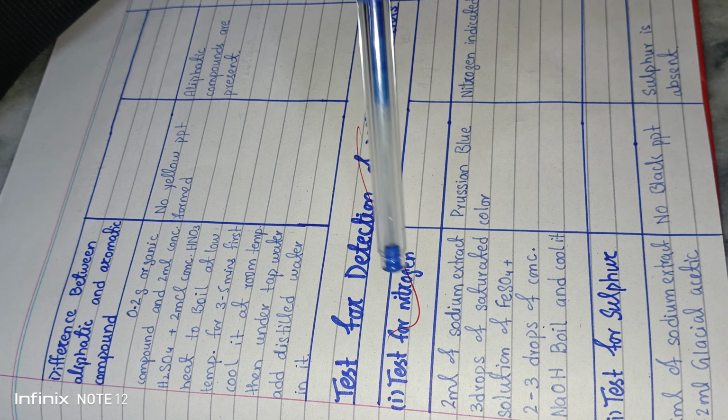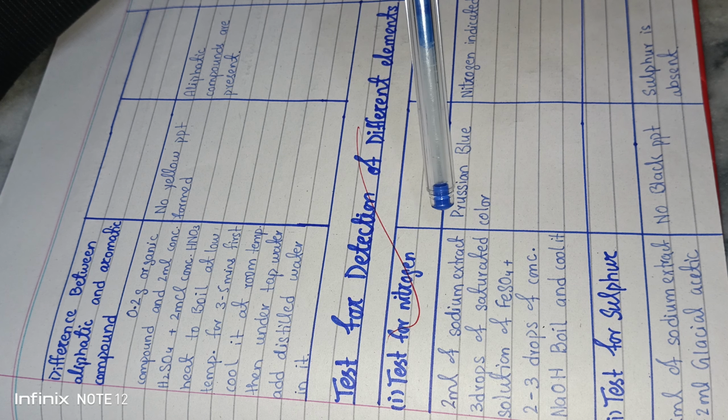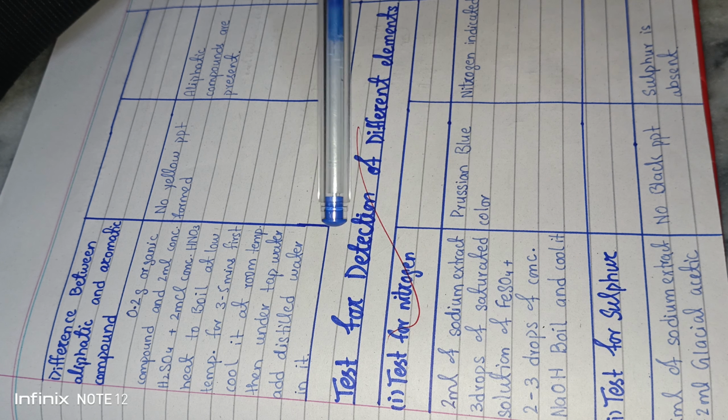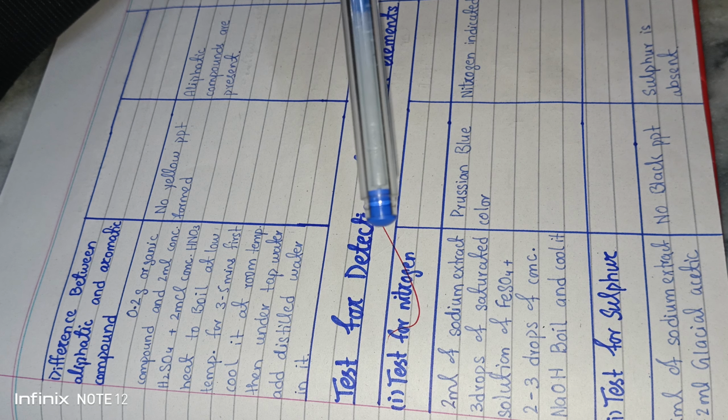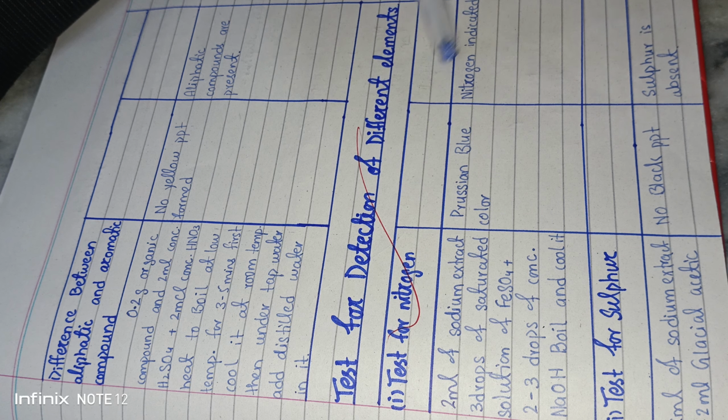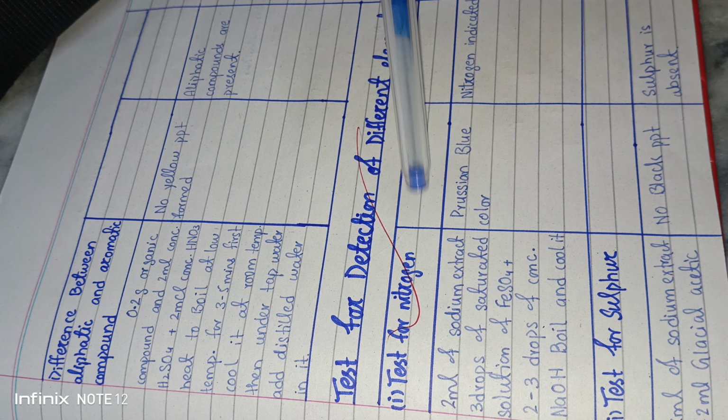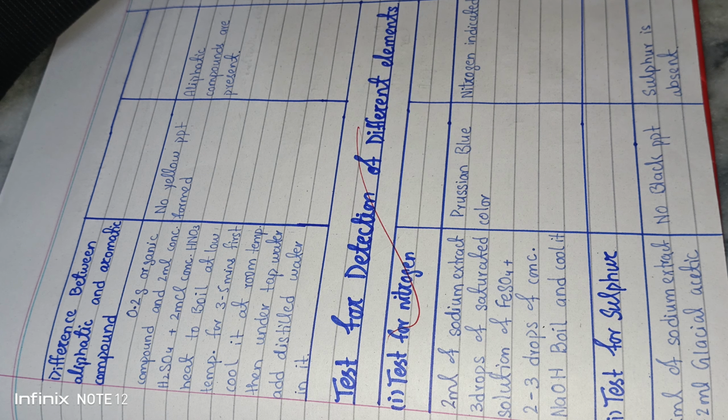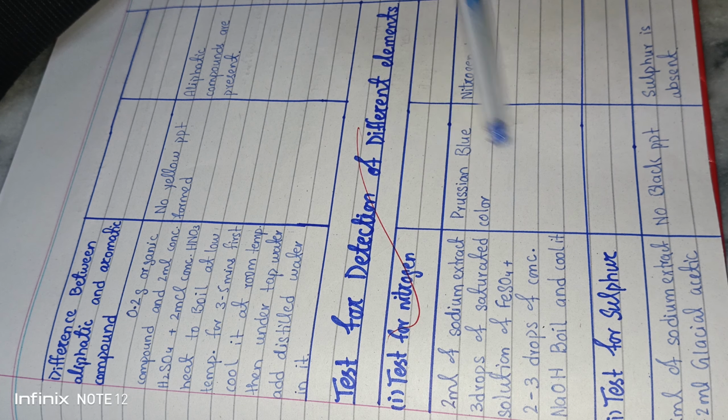For nitrogen, the color is always Persian blue. If a Persian blue or violet color appears, then you say that nitrogen is present. But when the Persian blue color doesn't appear, it means the nitrogen atom is not present in that compound. In urea, as you know from the structure, it has 2 nitrogen atoms in it. Therefore the Persian blue color appears.